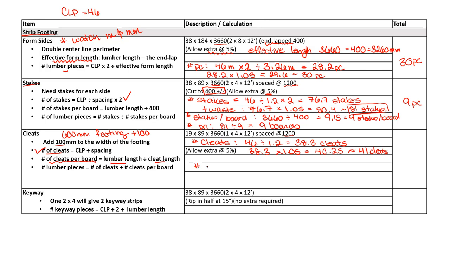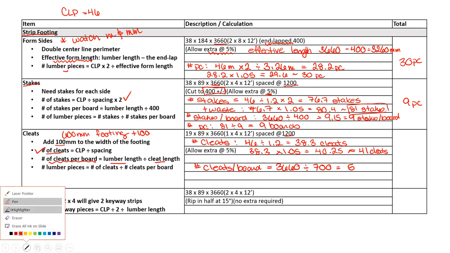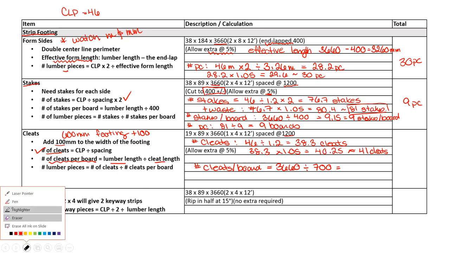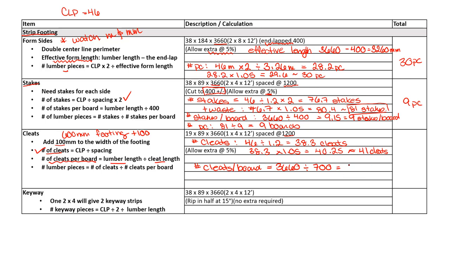So the number of cleats per board is going to be equal to 3660 divided by 700 millimeters, which will give me 5 decimal something, but the little part looks like a 6. The little part that's left over is not useful, so we round it down. Doesn't matter how close it is, we always round down. So this is 5 cleats per board. How many pieces of lumber?